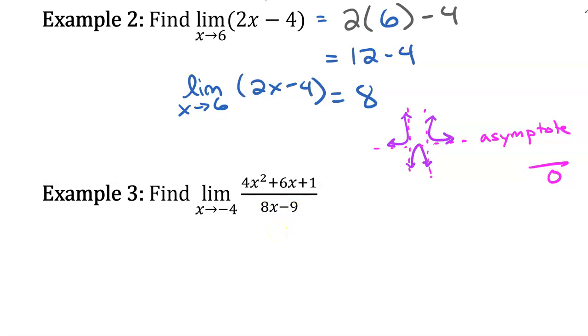So I can very quickly figure this out as 8x minus 9 needs to stay away from 0 for the denominator part. So 8x does not equal 9, and x does not equal 9/8. So as long as x is not 9/8, then my denominator is not 0 and my limit exists.